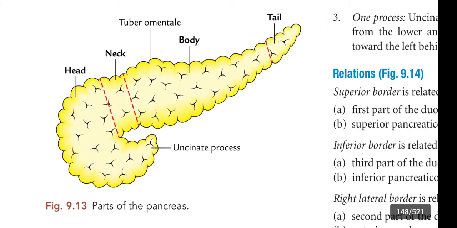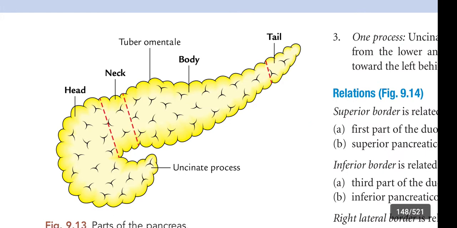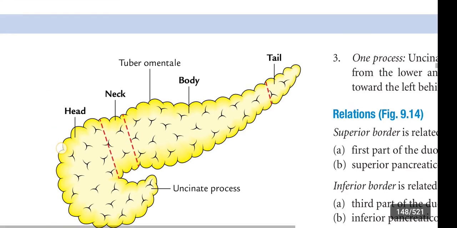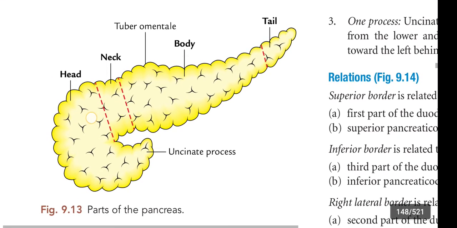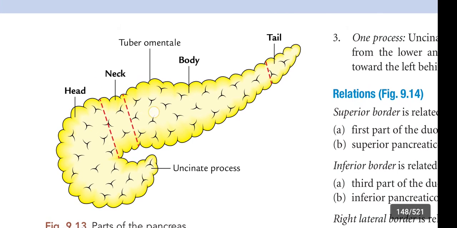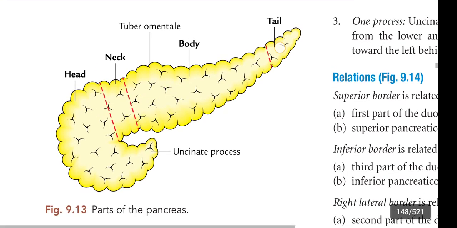This shows the parts of the pancreas. This is the head, this region is the neck, and this is the body and this is the tail.